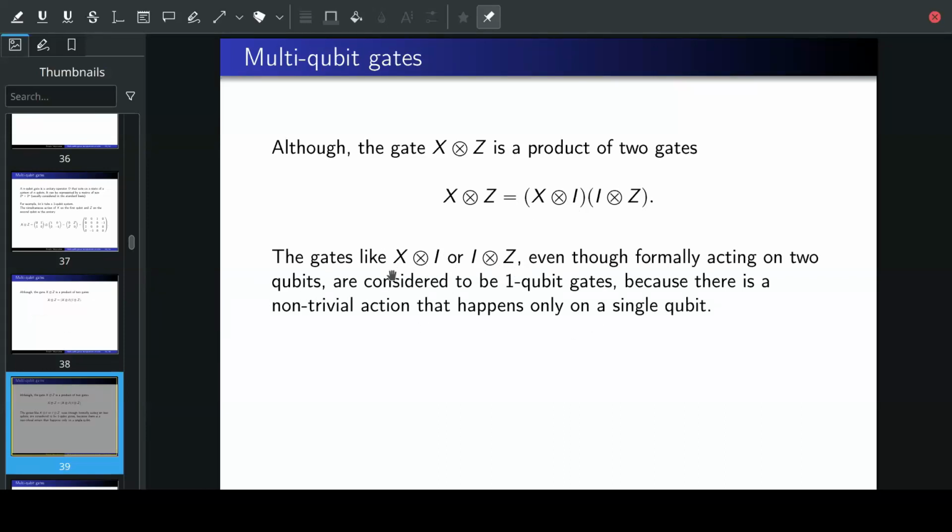And physically, it also means that nothing happens to this other qubit if the action is trivial. So the action is just the identity matrix.